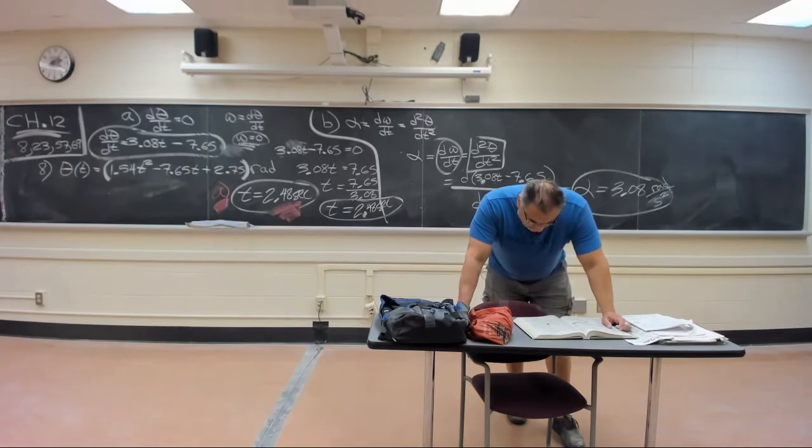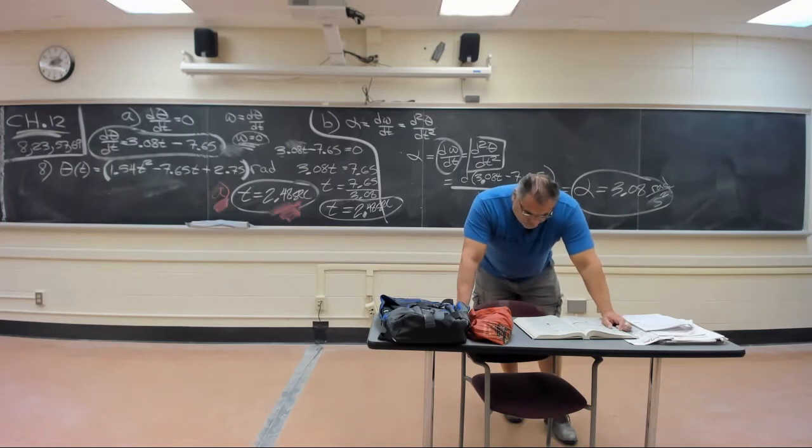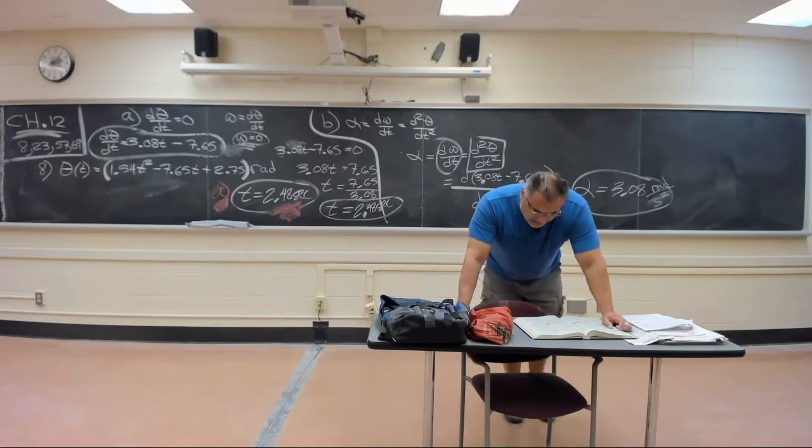Here's A for questions. If the wheel goes through 21.0 revolutions as it is slowed to a stop, what is that constant angular acceleration applied to the wheel that made it stop after 21.0 revolutions? So somebody put the brakes on it, but the brakes took 21.0 revolutions to finally bring the thing to a stop. What kind of acceleration was on it? Well, it was a deceleration, but what kind? Let's get a magnitude and everything else.